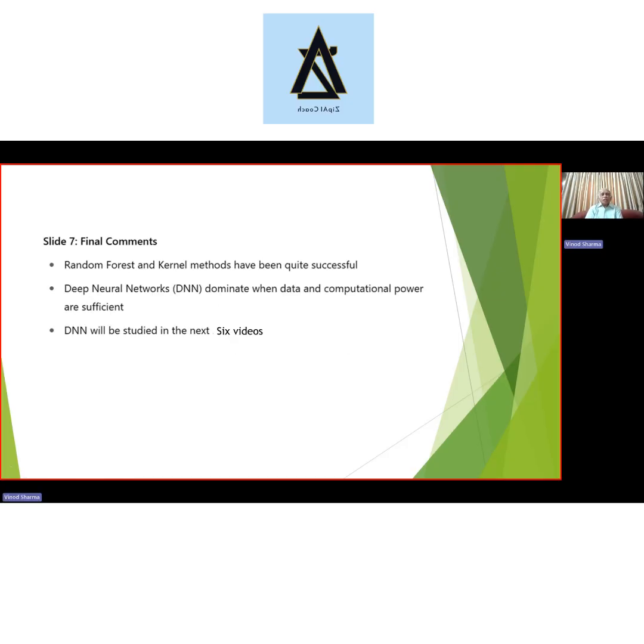Final comments on the classification part. Random forest and kernel methods have been very successful and popular. In fact, they were the methods generally used in machine learning till 2010. Since then, deep neural networks have slowly taken over when there is much more data and much more computational power.